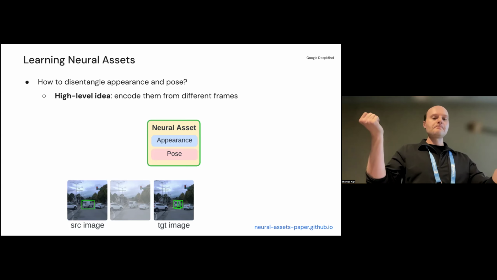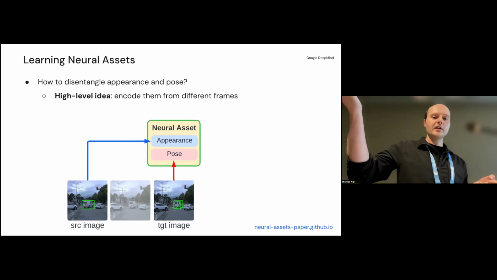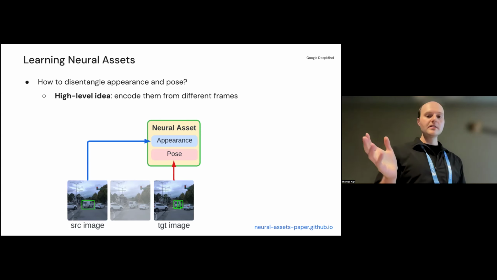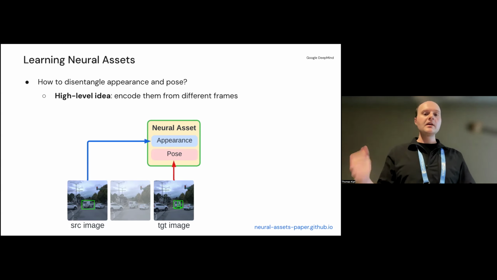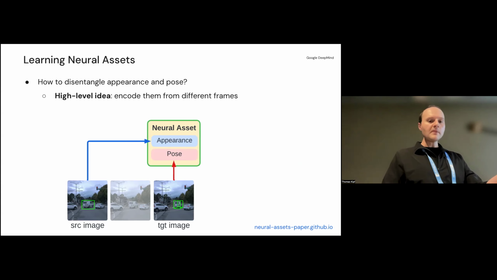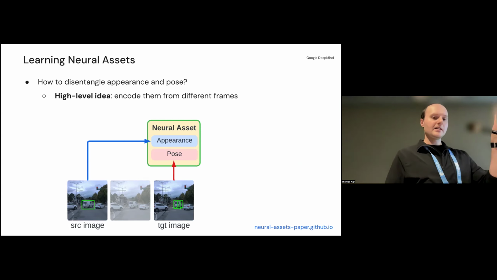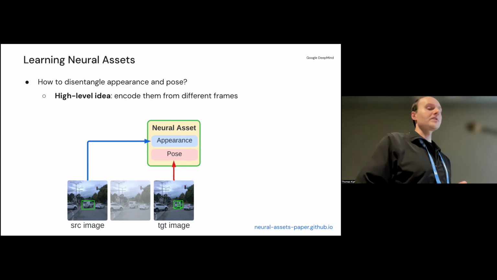So we get the appearance from one frame and we get the pose from the other frame. The pose encoding knows nothing about the appearance. It literally just gets an embedding of the 3D bounding box. And the appearance embedding knows a little bit about pose because it gets an appearance embedding of that crop out of the source image, and that will ultimately always encode a little bit of pose information.